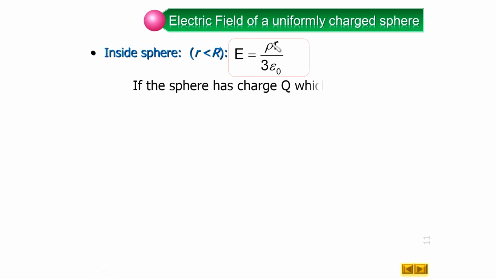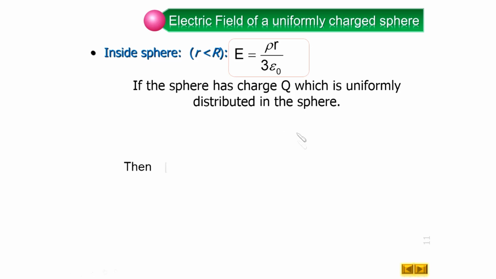Now suppose we are given the value of total charge instead of charge density, then what will we do? We will substitute the value of rho in terms of Q. So this rho should be equal to total charge divided by volume of the sphere, and volume of the sphere is 4 by 3 pi capital R cube. So we can write now E equal to Q divided by 4 by 3 pi capital R cube multiplied by small r and overall divided by 3 epsilon naught.